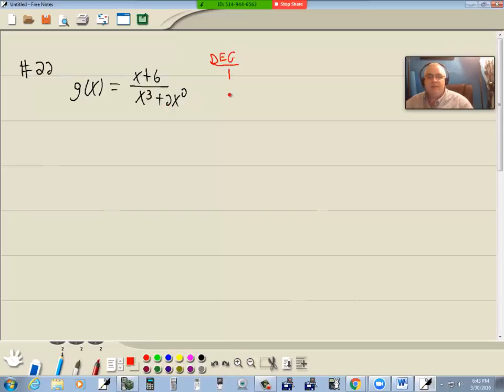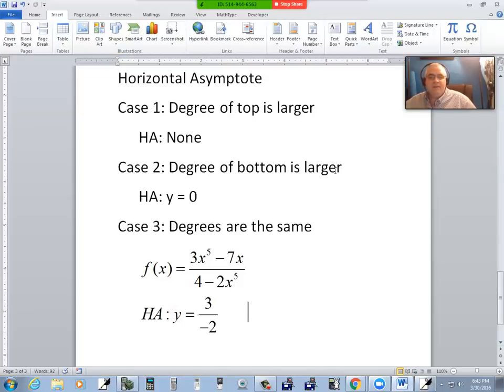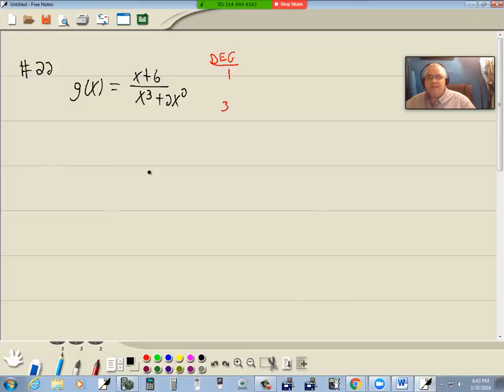Degree of the bottom is 3. So in this case, the degree of the bottom is larger. Let's try it again. Okay. Degree of the bottom is larger. That's case 2. That tells us a horizontal asymptote is y is equal to 0. And that's our answer.